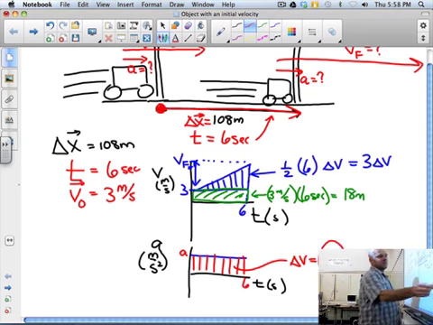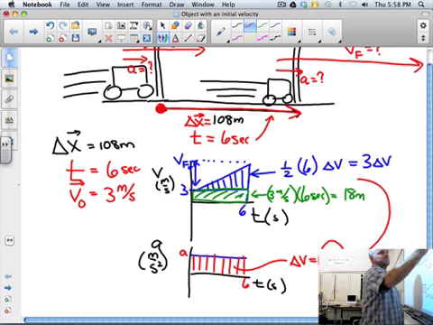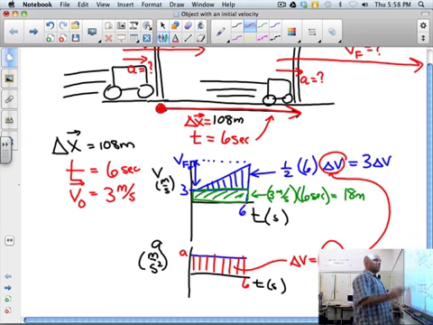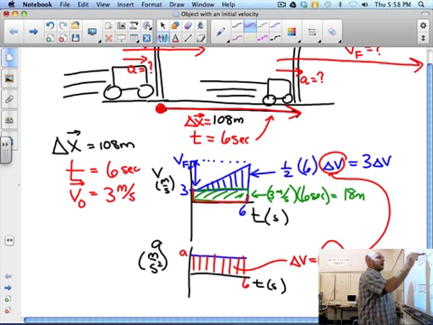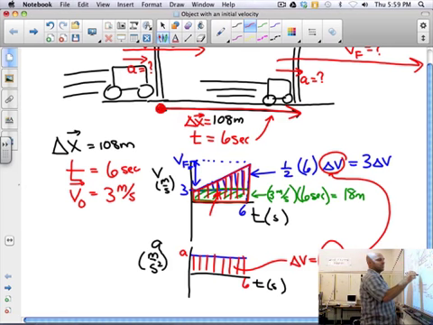I can just take this and substitute in here, right? And I know that the triangle and the rectangle together, this entire area, looks like it's 108 meters altogether.